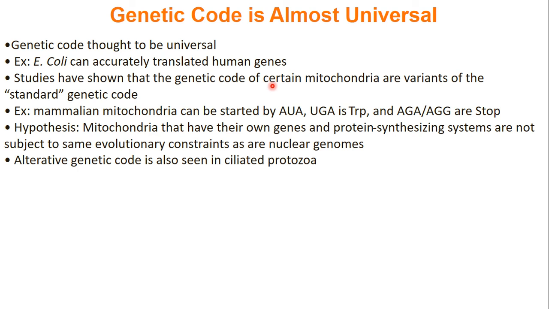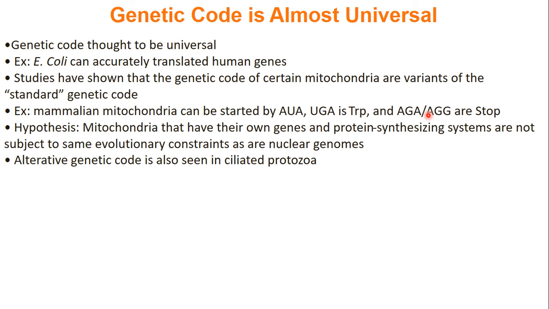So this is seen in mitochondria. Mammalian mitochondria can be started by AUA or UGA, and AGA and AGG are stop. The reason why mitochondria are a little different is because they actually have their own genome, they have their own proteins that can handle making proteins from the mitochondrial genome, but they aren't under the same constraints as the nuclear genome.